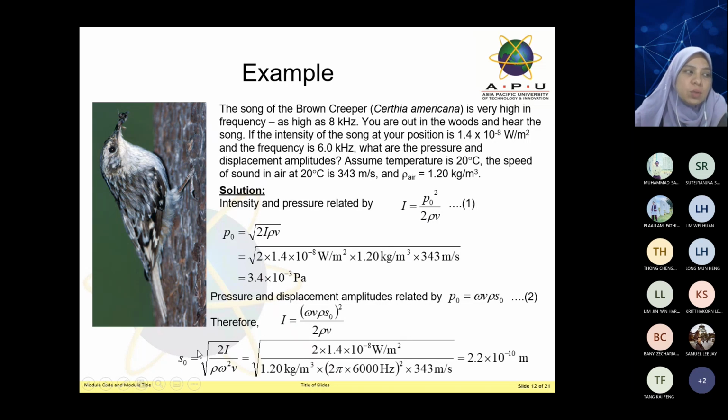Then substitute all to get S0, the displacement amplitude. So even though the question is simple, if you pick the wrong formula to use, it will be a problem for you.